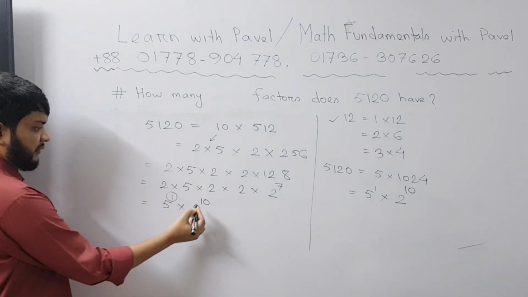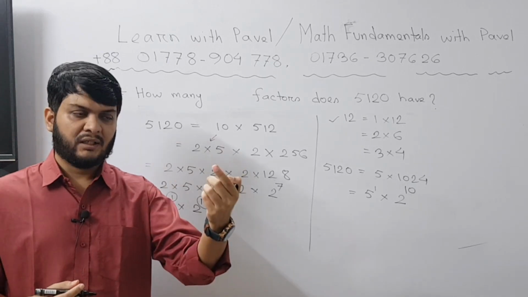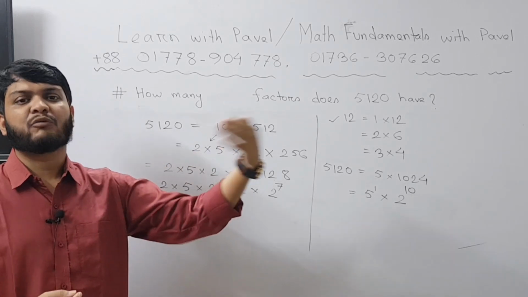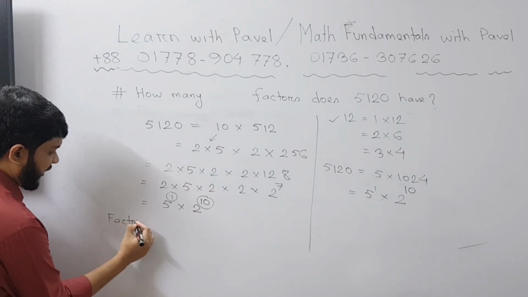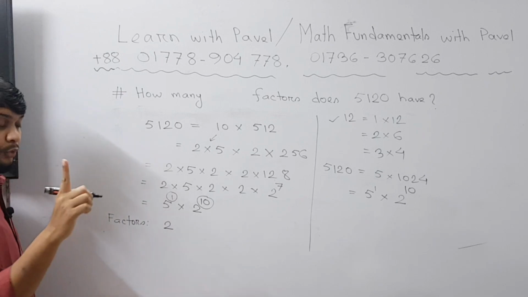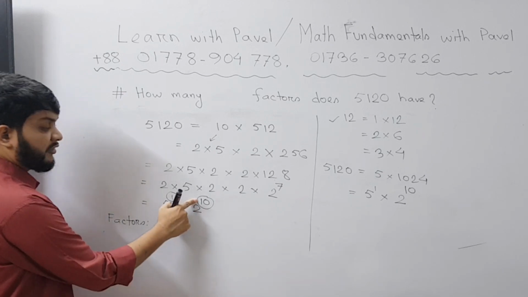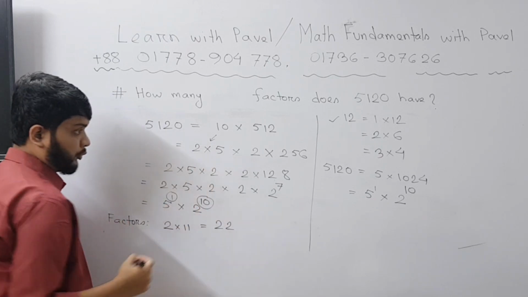Here you have 1 and here you have 10. You have to increase the powers by 1. I mean, you have to take 1 more than what you have. So the number of factors will be, here you have 1 but you have to take 2, you have 10 but you have to take 11. So 2 times 11 is equal to 22.